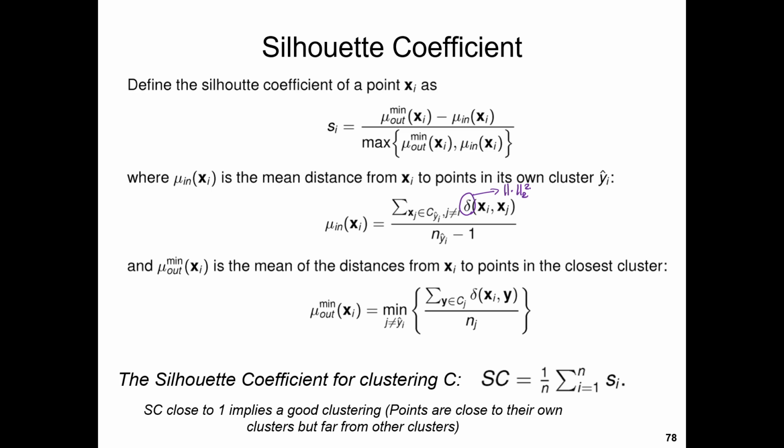So let's say I have Gaussian, I run it with 2 clusters with k equals 2, and I run it with k equals 3. How can I know whether k equals 2 is better than 3 or 3 is better than 2? What should I do? Let's see. Yes. Well, you could try to figure out the ratio of mu in to the minimum mu out.